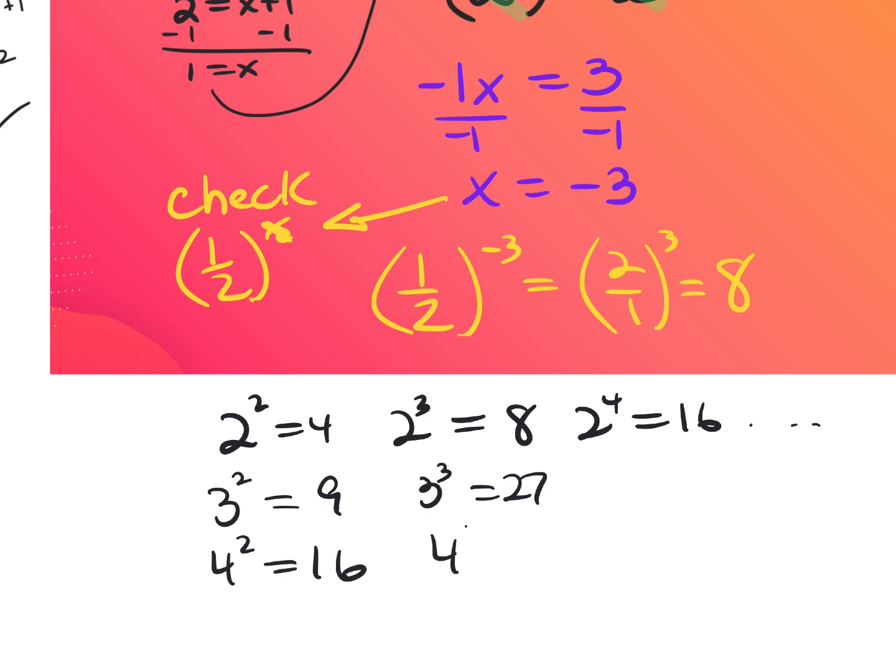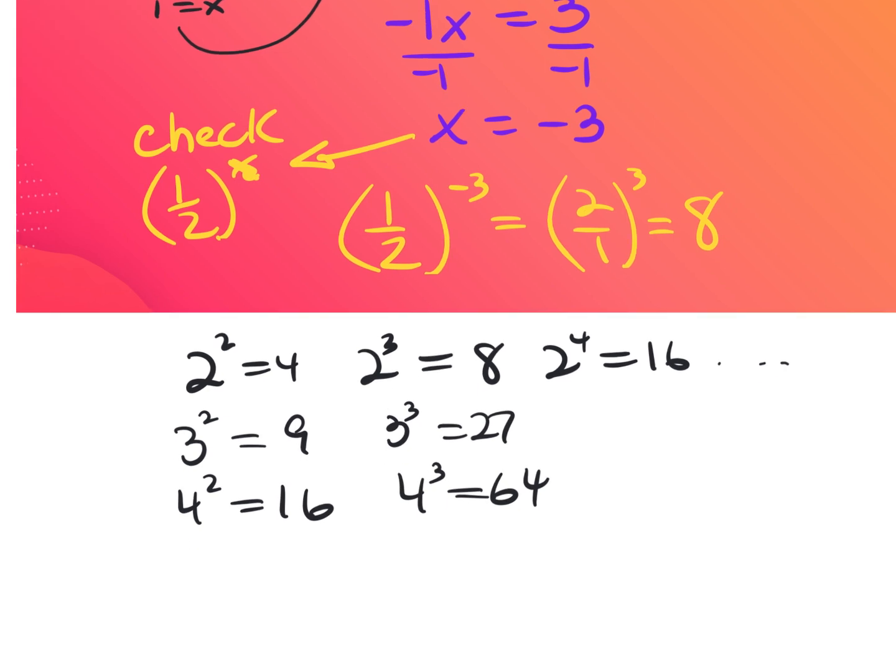I'm not going to give you something huge when you're not using a calculator. Also remember that the fractions, the 1/3, this is equivalent to 3 to the negative 1, or 1/9 would be 3 to the negative 2. So be able to recognize these so you can solve these problems rather rapidly.